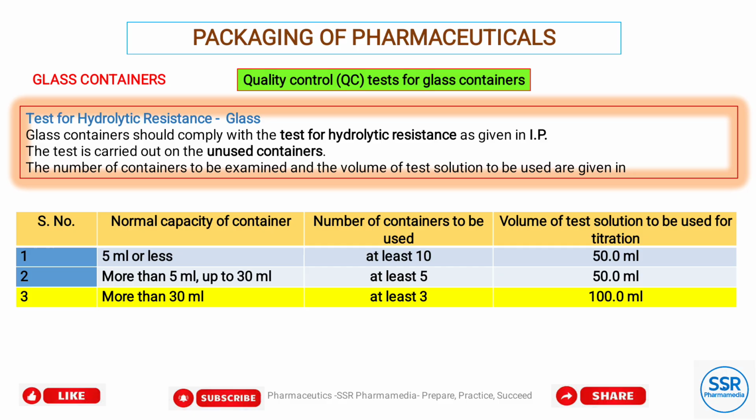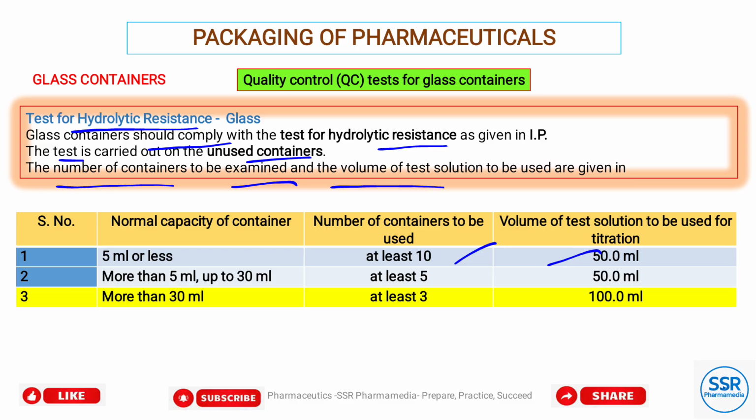Next is the test for hydrolytic resistance of glass. Glass containers should comply with the test for hydrolytic resistance as given in IP. The test is carried out on unused containers. The number of containers to be examined and the volume of test solution to be used are given as follows. For 5 ml or less, at least 10 containers and a minimum of 50 ml of solution are used.